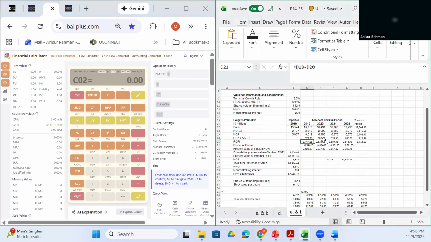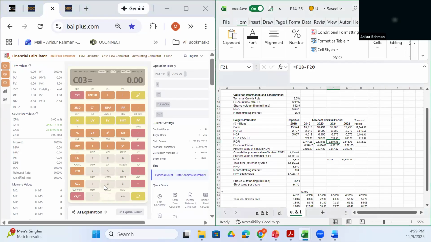Down arrow, the second number, 2519. Again, enter. Down arrow, down arrow. Now the third number is 2595.